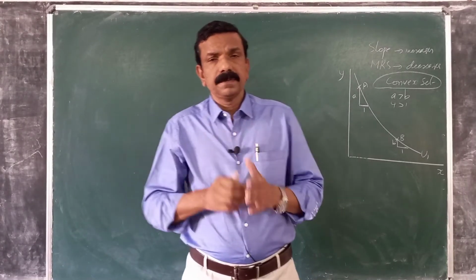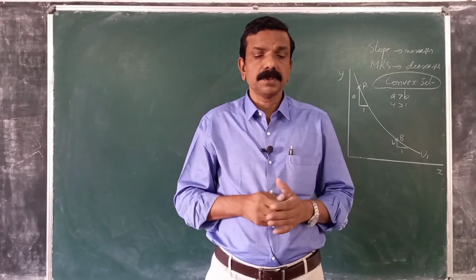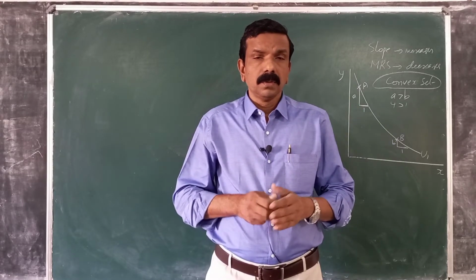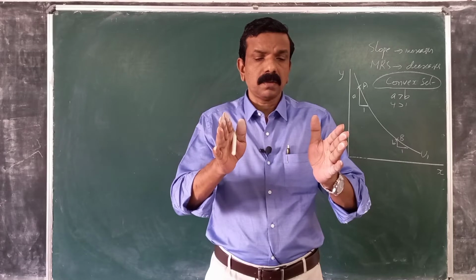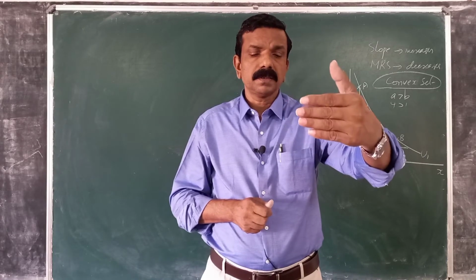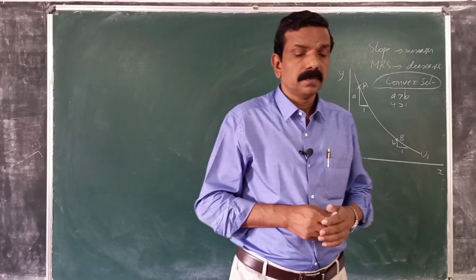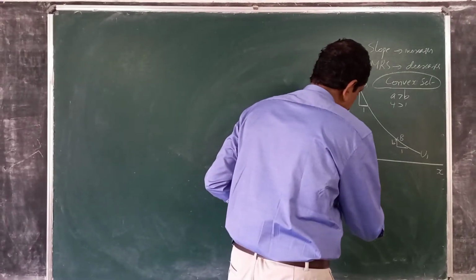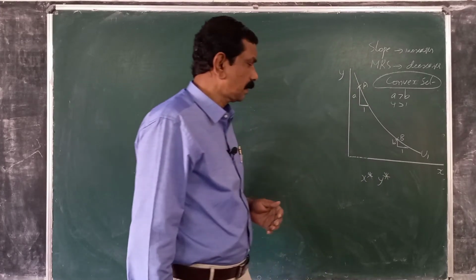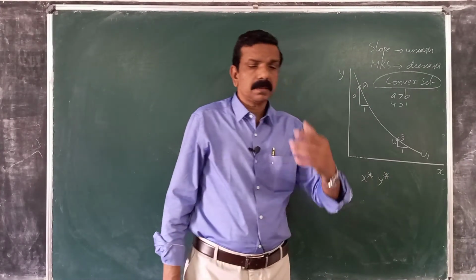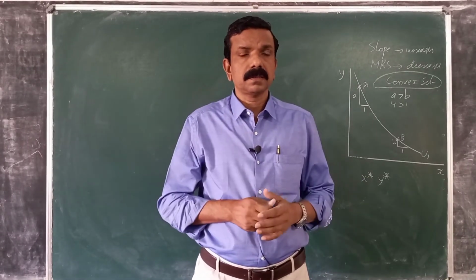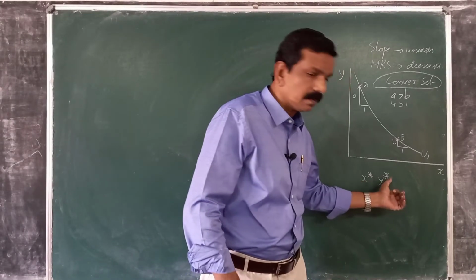The assumption of diminishing marginal rate of substitution is equivalent to the assumption that all combinations of x and y that are preferred or indifferent to a particular combination form a convex set. Consider a combination x star y star and consider all the combinations of x and y that are preferred to or indifferent to the combination x star y star.